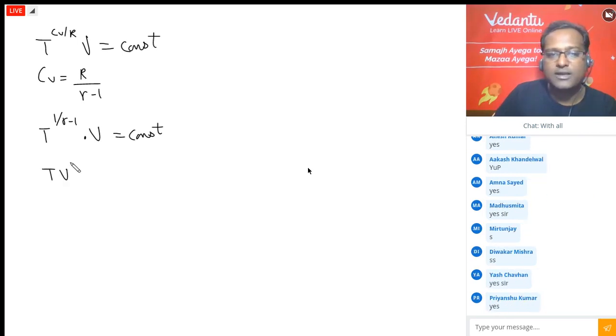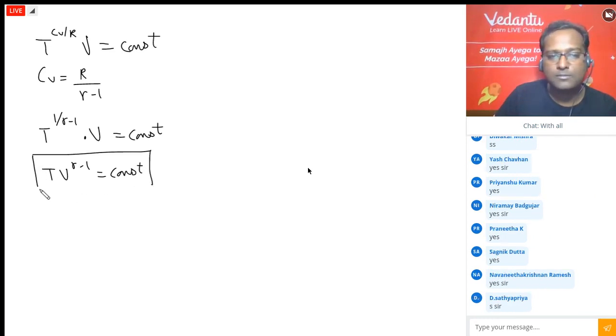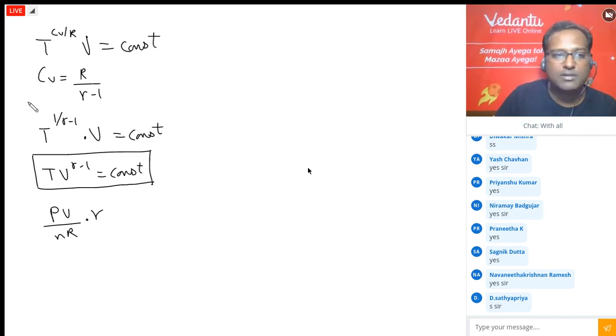So you will agree that you can write it like this also. Now I'm using PV equal to nRT to get rid of temperature. So PV to the power 1 by gamma minus 1 into V to the power gamma minus 1 is a constant.